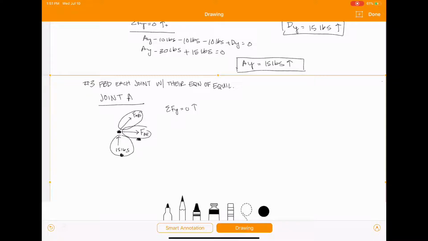So we know that we can solve for our Y of that. So that's why I'm starting with sum of forces Y.